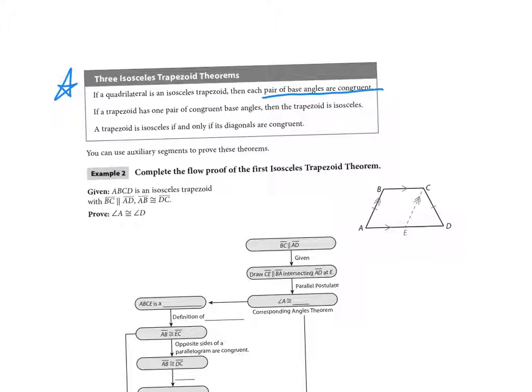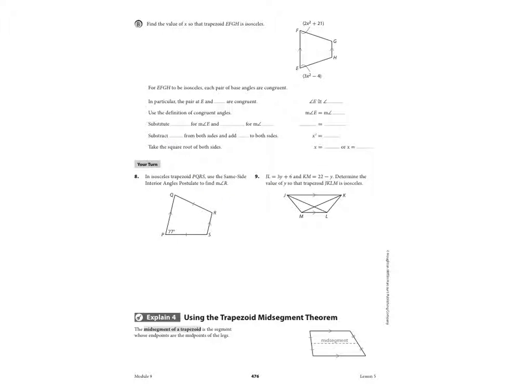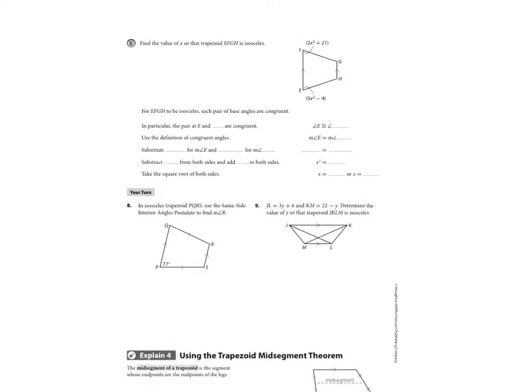And if it has congruent base angles, that's just saying it backwards. And it's isosceles if and only if the diagonals are congruent. I think then we need to turn to page 476, and we are going to do these problems.